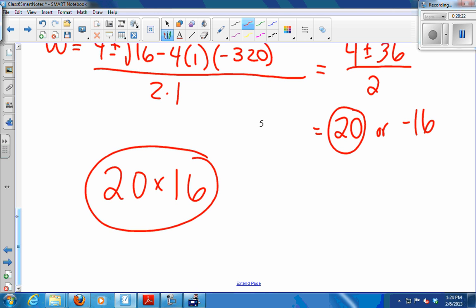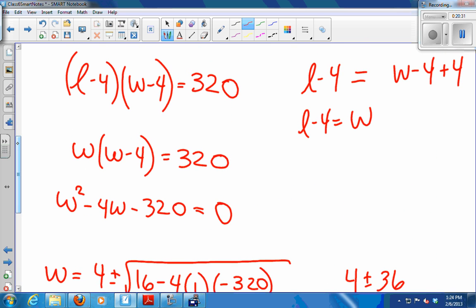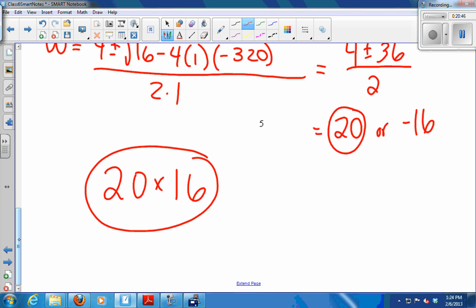The 16 is not from the negative 16, right? It's from 20 minus 4. It came from this equation right here. If L minus 4 is W, and I know W, then L is 24, sorry. Yeah. 20 by 24.